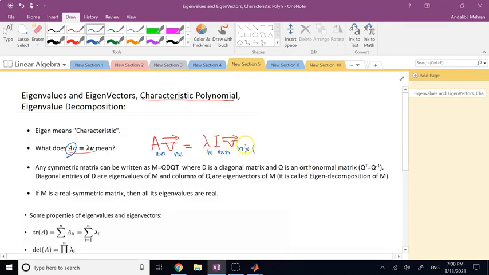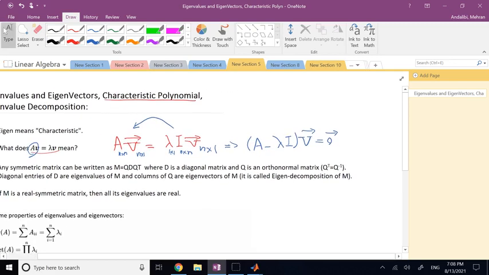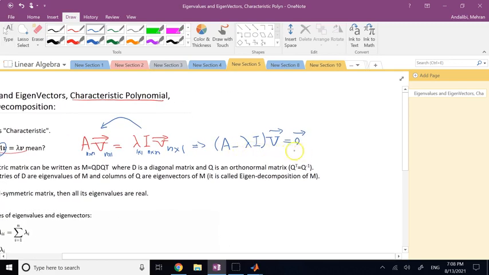So you know I times v is the same as v. So I write it this way, and then I can bring this whole thing to the left side and factor out v. You will get A minus lambda I times v to be equal to vector 0. And this is a homogeneous set of equations.